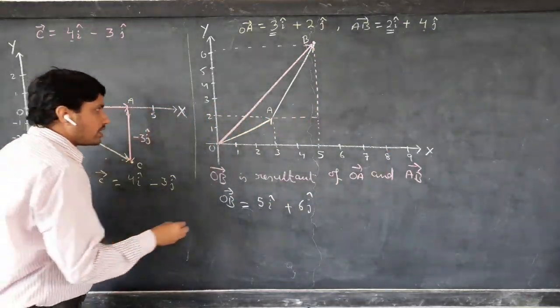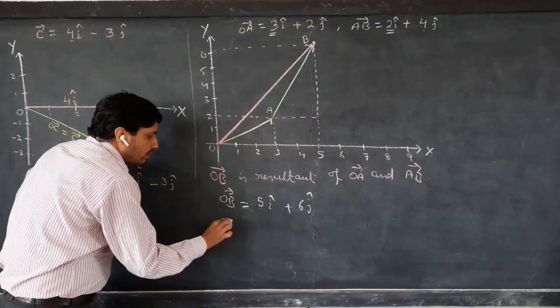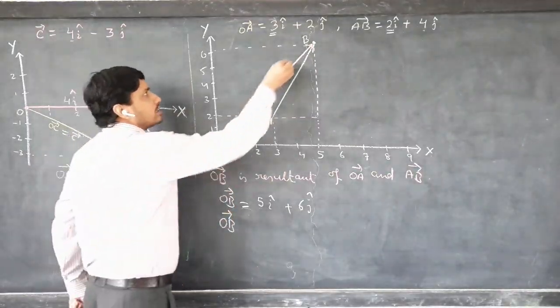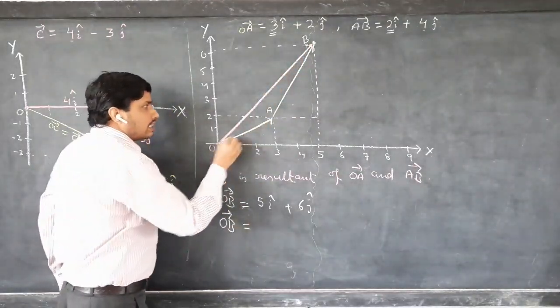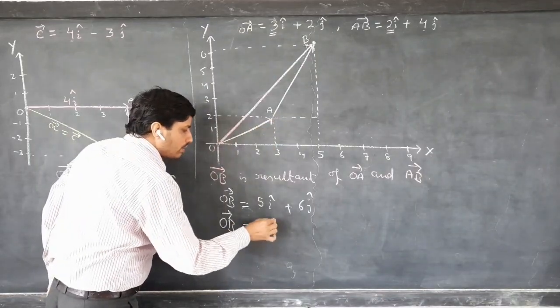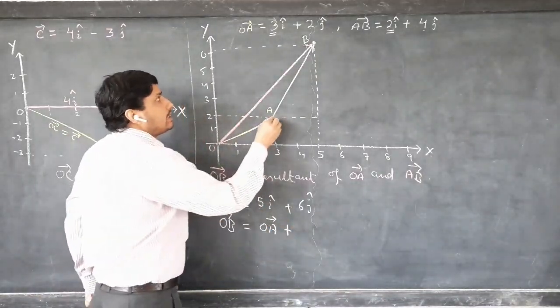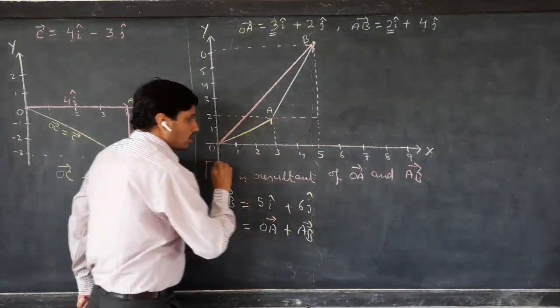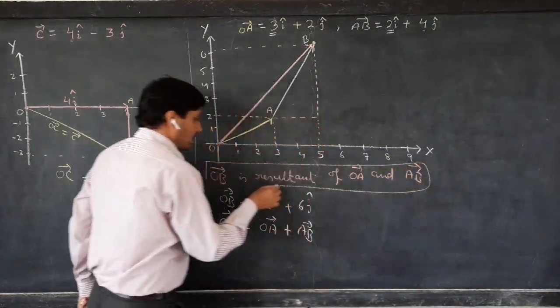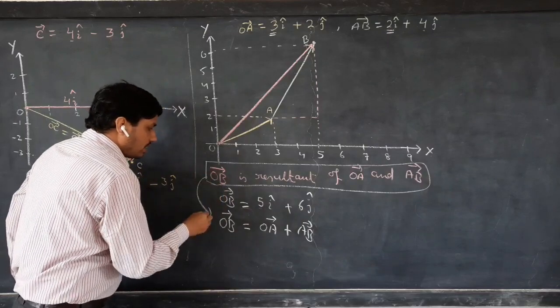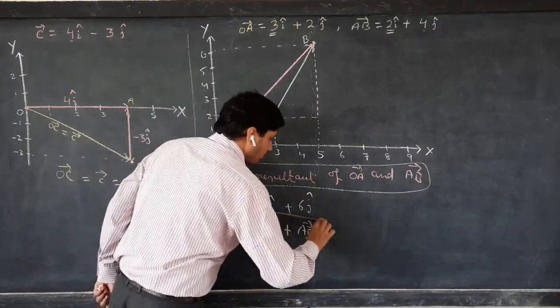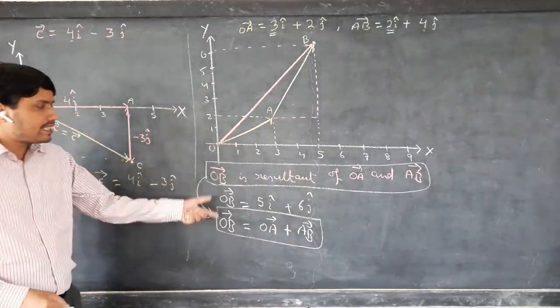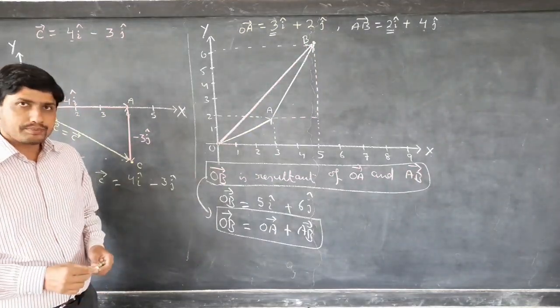And it's for this reason we write that OB vector, the final vector, is the resultant of OA vector and AB vector. What we have written in words over here has been expressed in another language in this form. Representations are different, they mean the same thing.